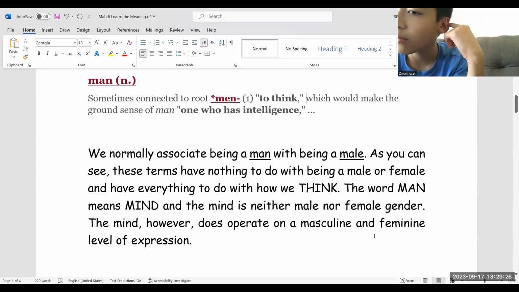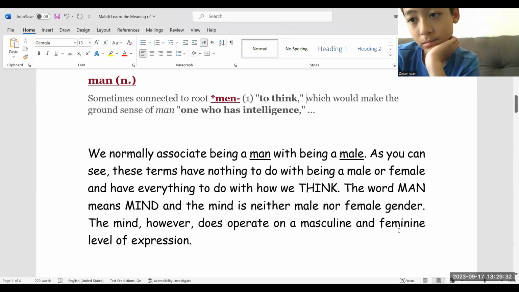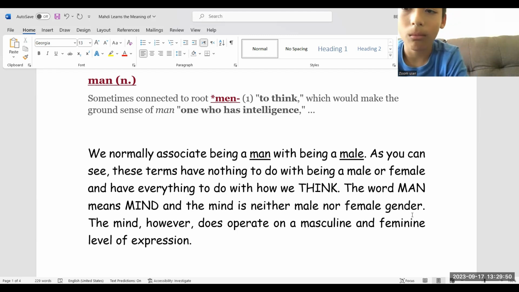Male and female are talking about your gender. You were born a boy, so you are a male gender. A female is going to be born a female, and therefore she is of the female gender. Gender refers to the genes that are operating in your body, your genetics.